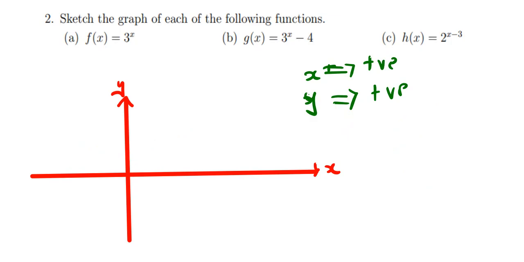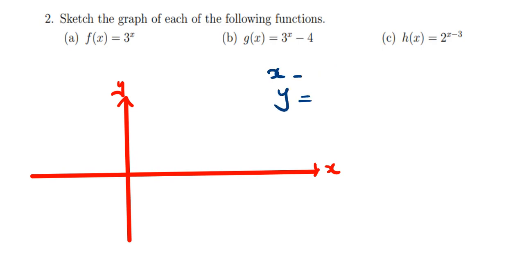Now let's solve g of x. Okay, so the same principle. Let's look at the value of x and let's look at the value of y in the equation. The value of x, you're able to see that it is positive, so we're going to the positive values of x.